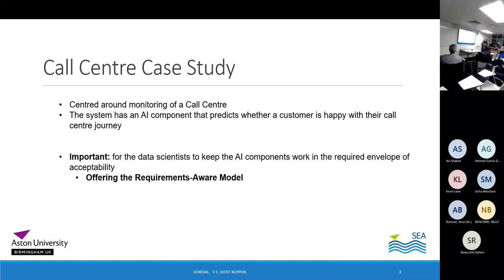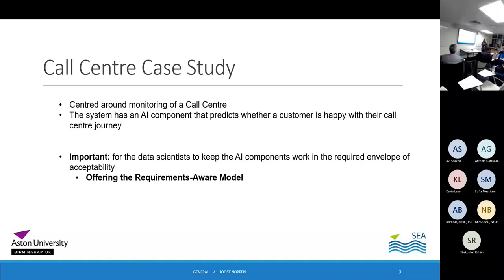As these are software components embedded with AI classifiers, it is important for the data scientists to keep all the AI components working in the required envelope of acceptability. That's why we want to offer them the requirements aware model: what are the main requirements to be met, and what requirement should not be violated?